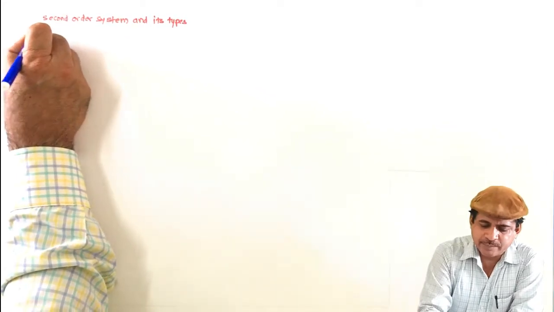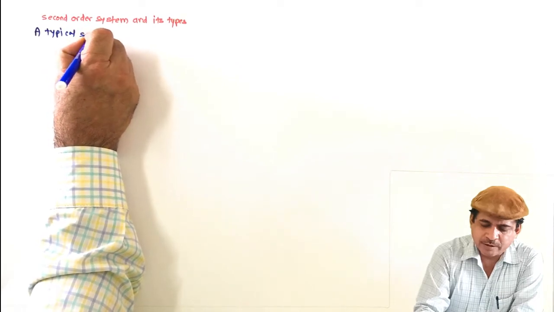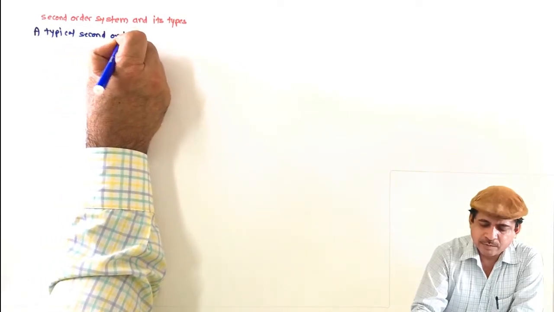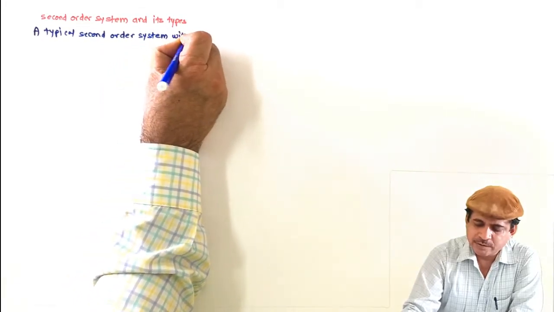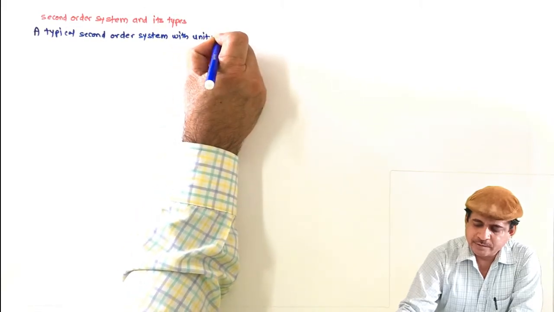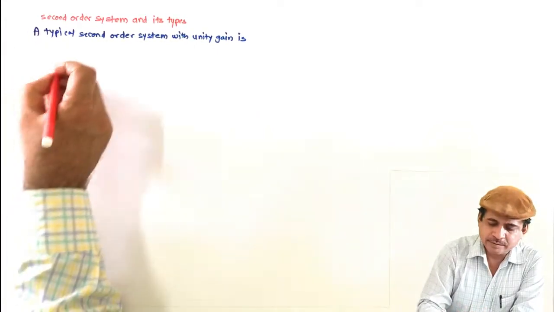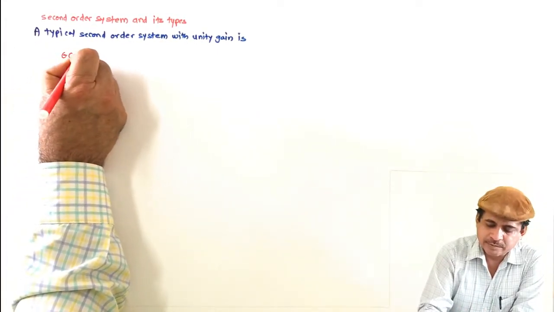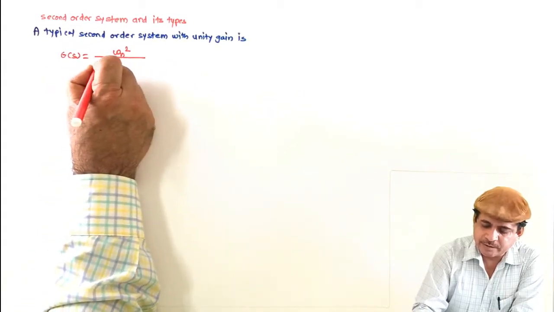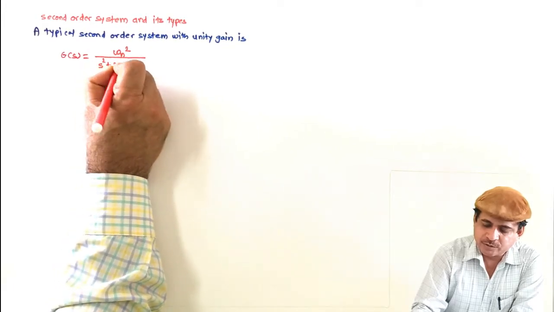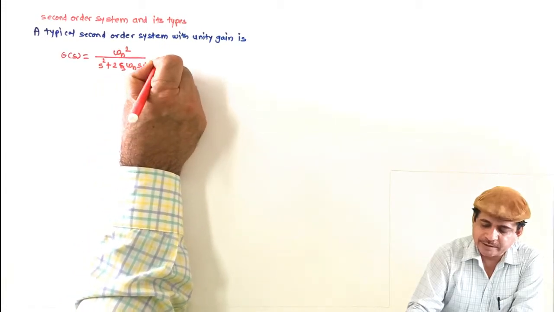Say a typical second order system with unity gain is omega n square upon s square plus 2 zeta omega n s plus omega n square.